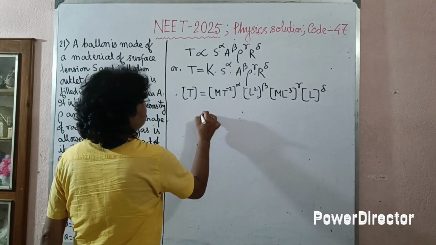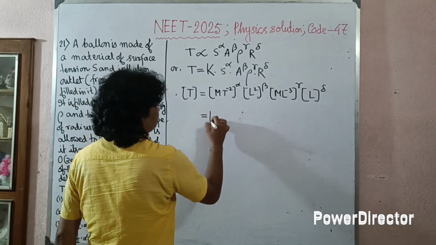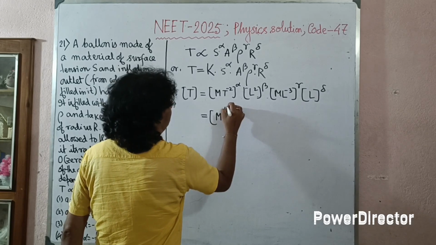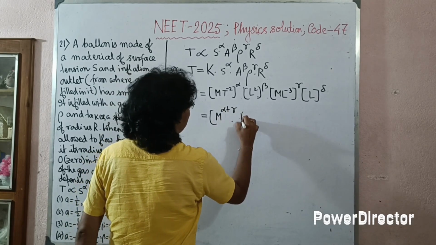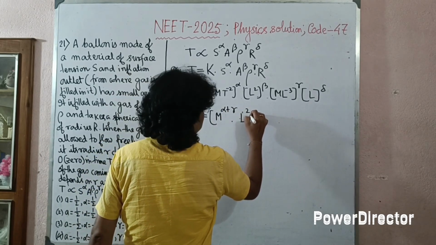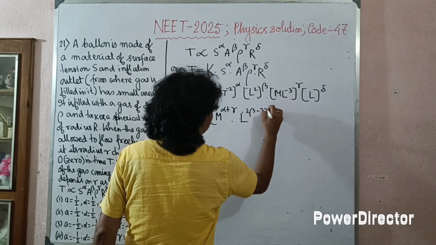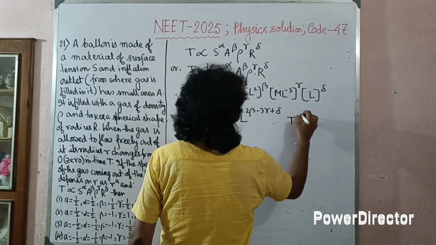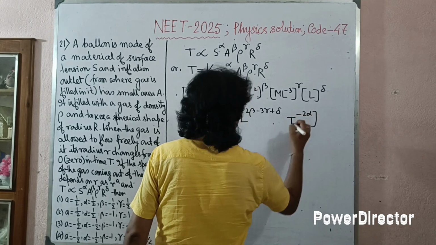Now M to the power alpha plus gamma, L to the power 2 beta minus 3 gamma plus delta, T to the power minus 2 alpha.